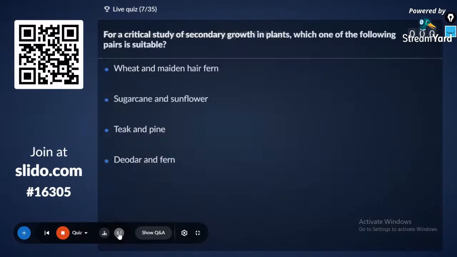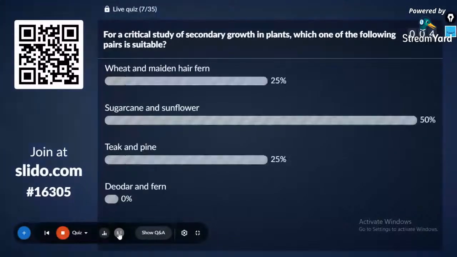Next question: for a critical study of secondary growth in plants, which one of the following pairs is suitable? Yes, guys, it is teak and pine. It is not sugarcane and sunflower which is necessary for the secondary growth in plants. It is teak and pine. Next question on the screen.